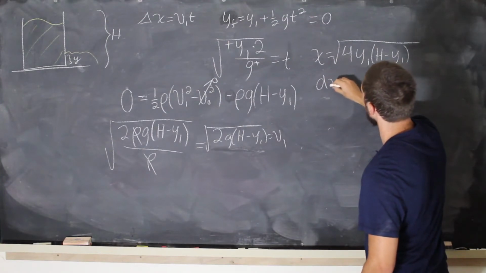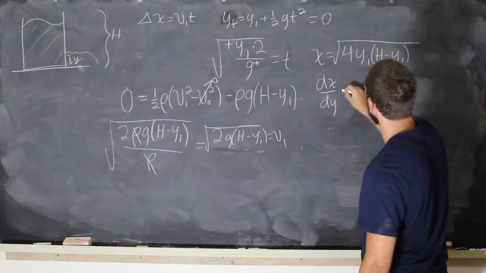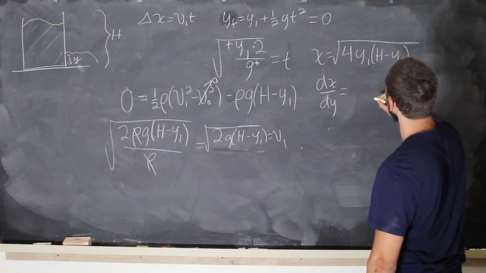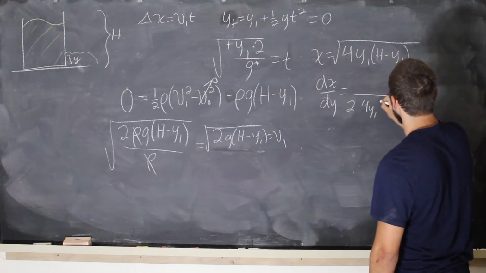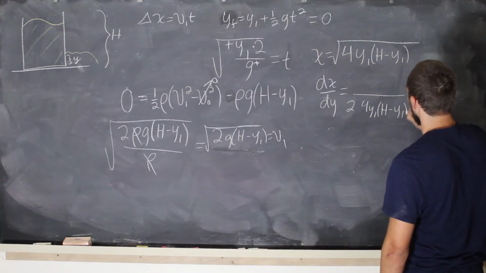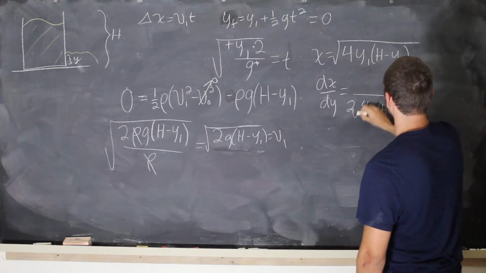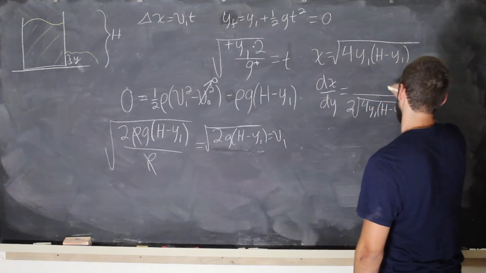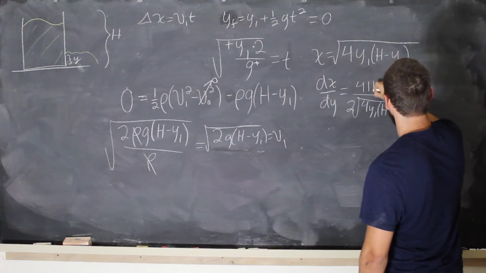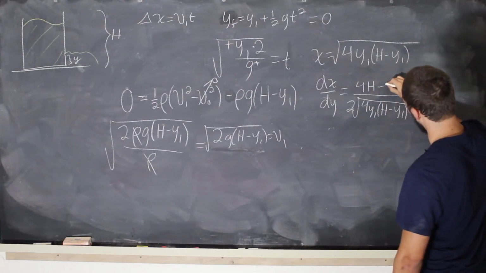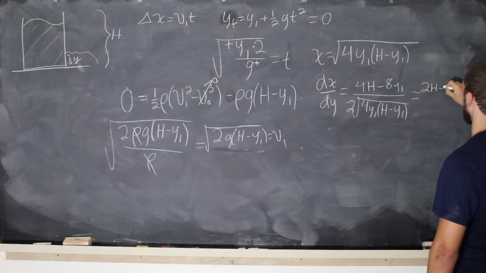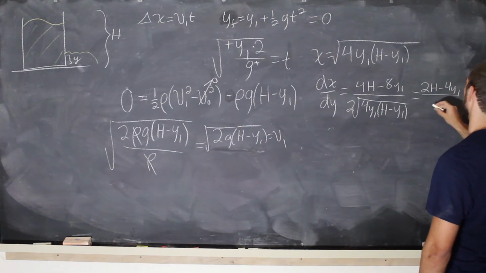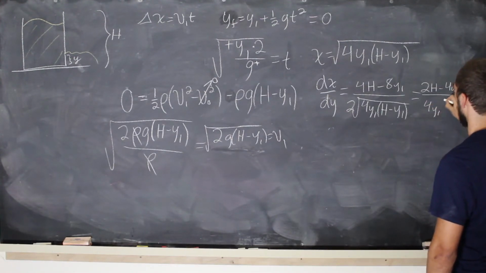So we do dx over dy, and that's going to be equal to 2 over 4y1 h minus y1 times the derivative, and that's going to be 4h minus 8y1, which is going to be equal to 2h minus 4y1 over the square root of 4y1 h minus y1.